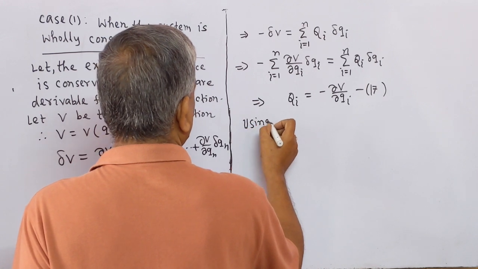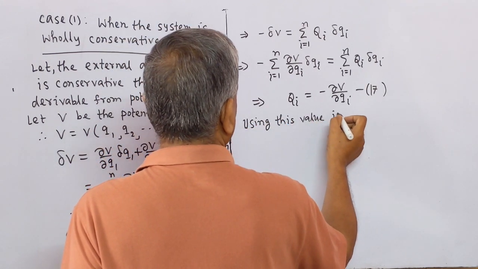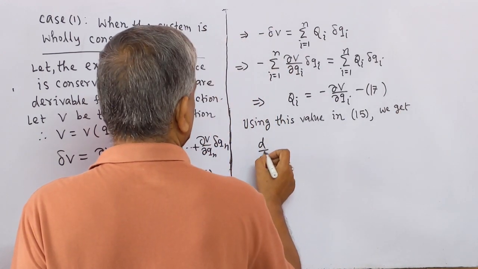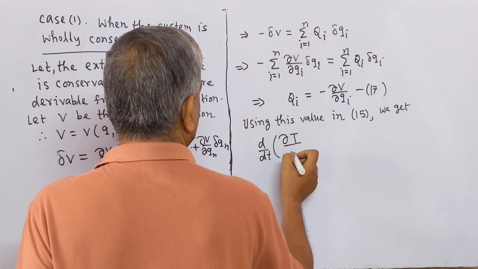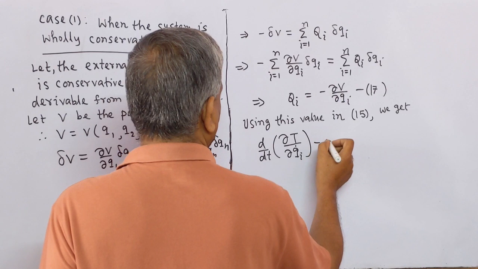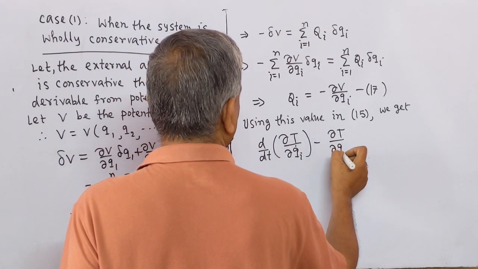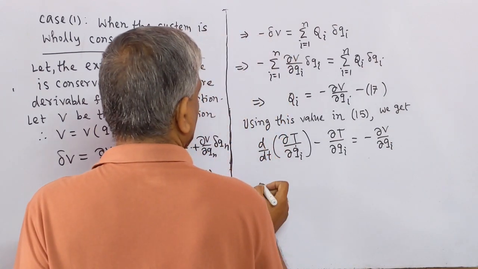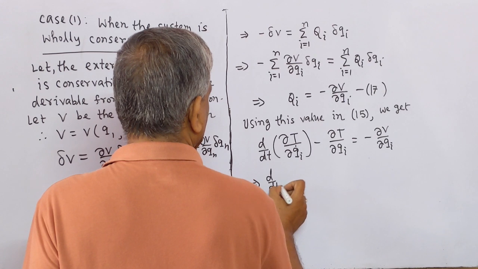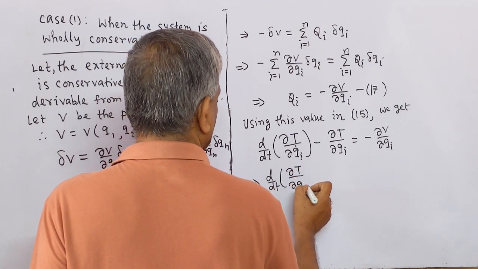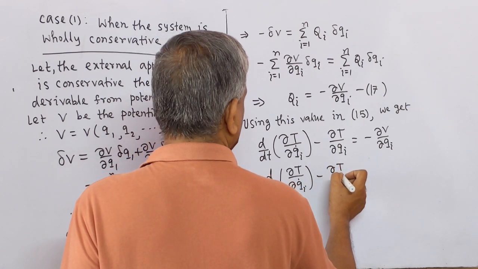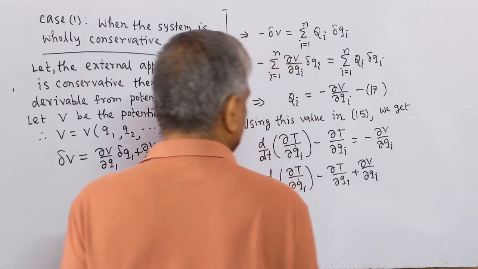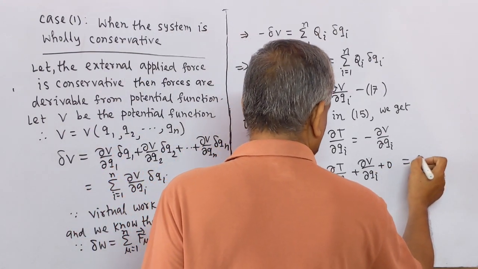Using this value in 15, we get d by dt partial derivative of T with respect to qi dot minus partial derivative of T with respect to qi equal to minus partial derivative of V with respect to qi, implies that d by dt partial derivative of T with respect to qi dot minus partial derivative of T with respect to qi plus partial derivative of V with respect to qi plus 0 equal to 0.